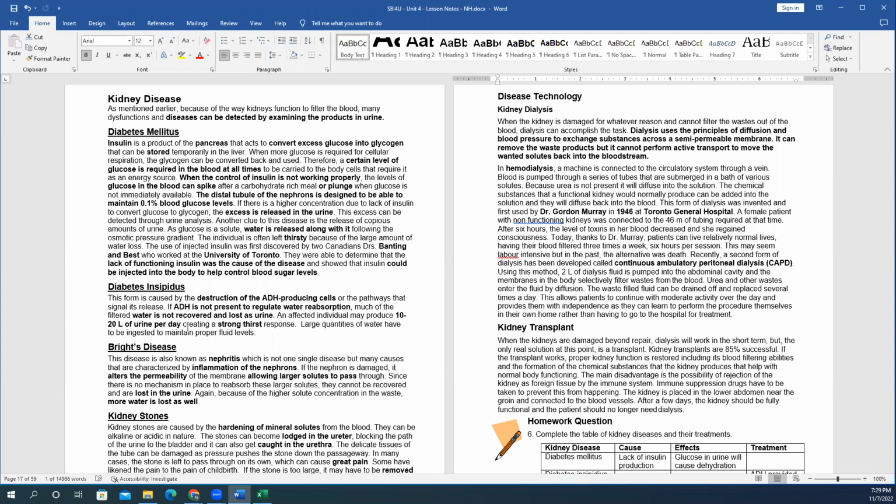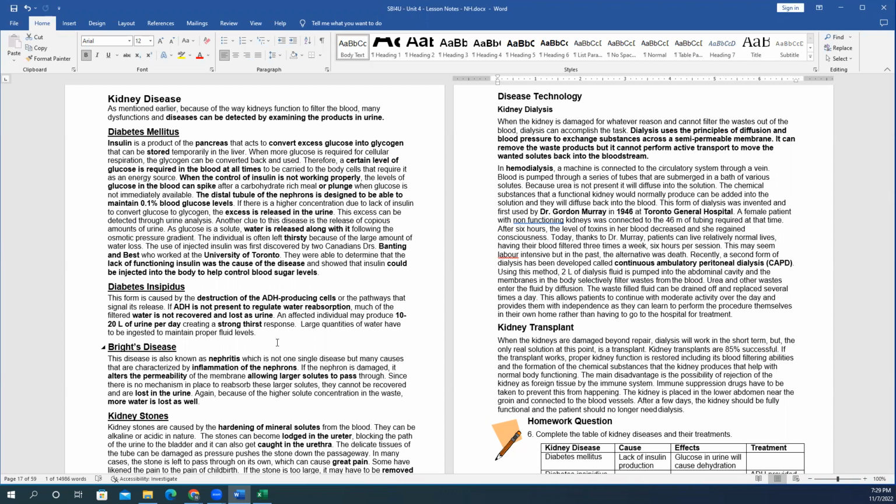The other type of diabetes is diabetes insipidus. This type of diabetes is caused not as a result of insulin, but through the destruction of those ADH producing cells that we discussed, or the pathways that signal the release of this antidiuretic hormone, ADH.